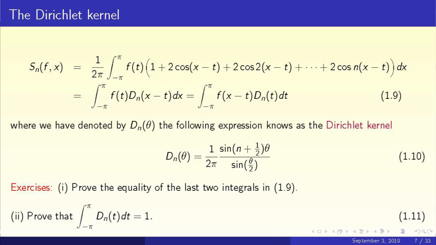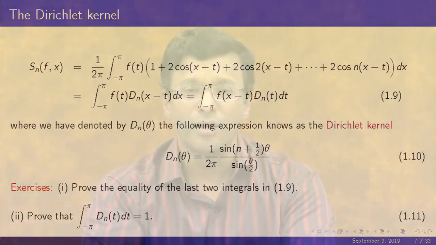So that's the dn theta. So we have Sn f(x) equal to the integral from minus pi to pi of f of t into dn of x minus t. Now since dn and f are both 2 pi periodic, the integral of f of t dn of x minus t dt can also be written as the integral from minus pi to pi of f of x minus t dn t dt.